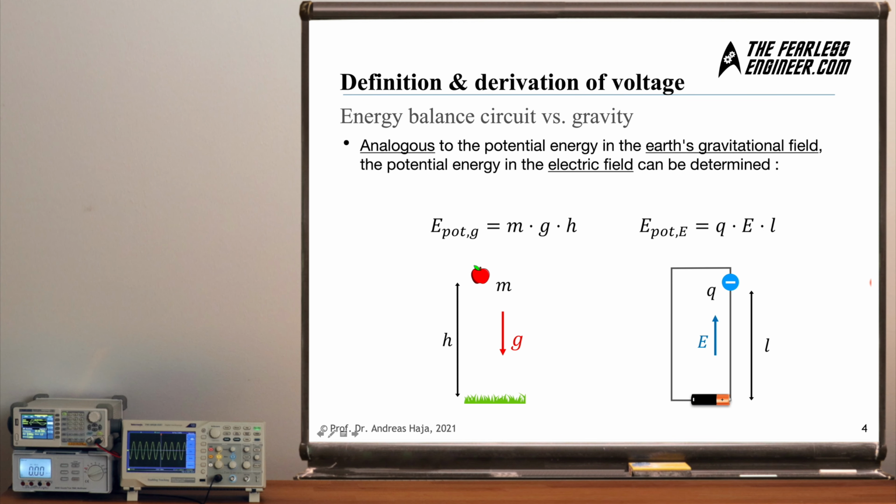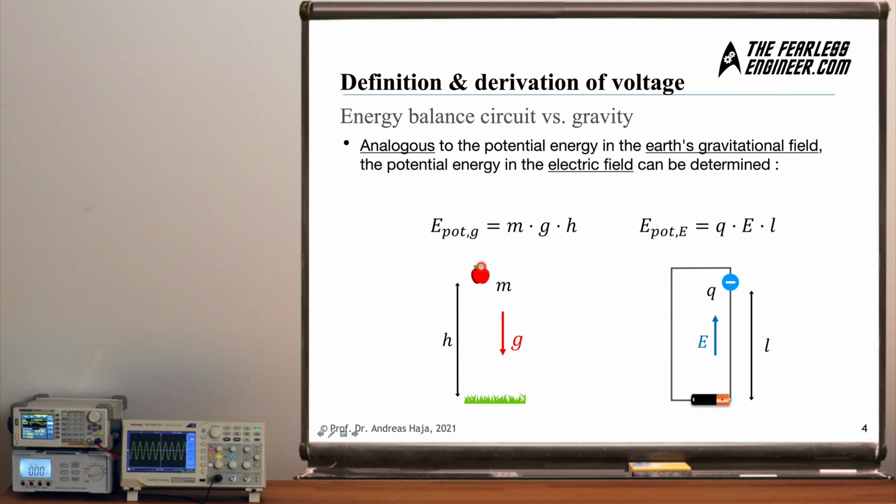On this slide here you can see this analogy between gravitational pull of the Earth on the left hand side and forces at play in the electrical field on the right hand side. We have already talked about what's happening inside the circuit caused by the electric field generated by the battery, and on the left side we can see an apple being pulled towards the surface of the Earth by its gravitational pull, and we can calculate the potential energy of an apple at a certain height h, which you might still remember from physics class in school as the product.